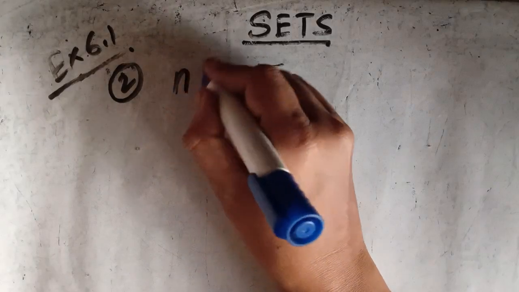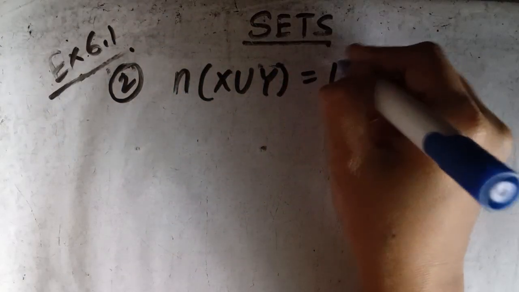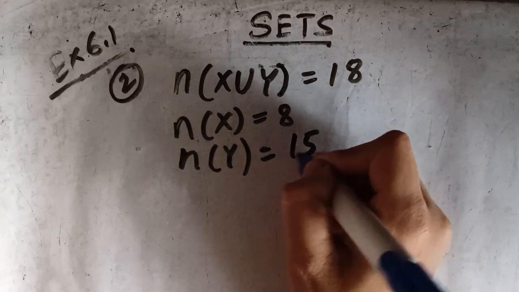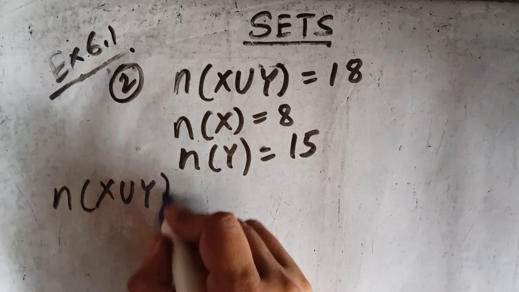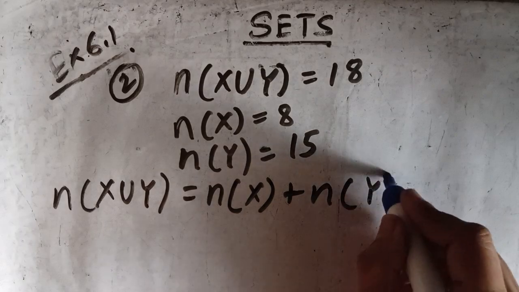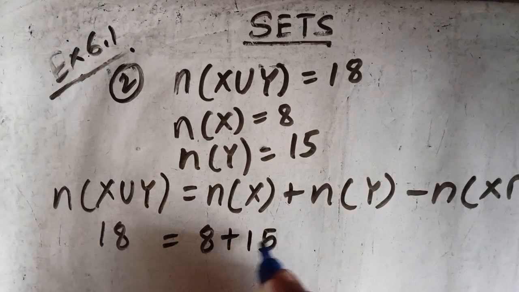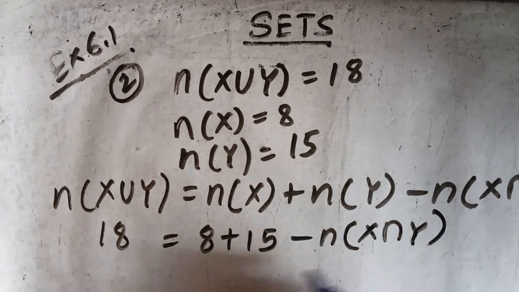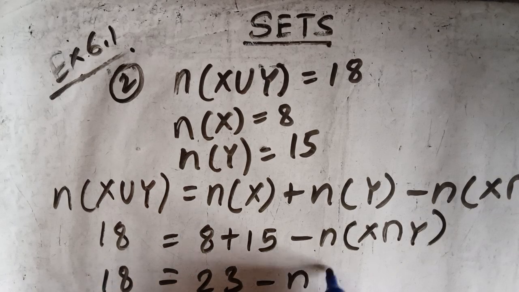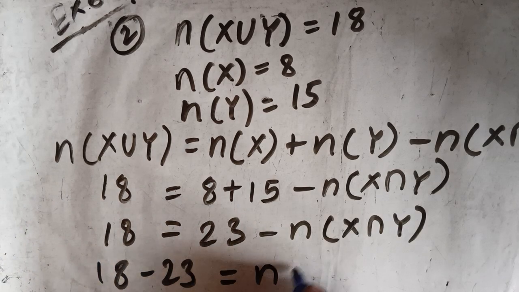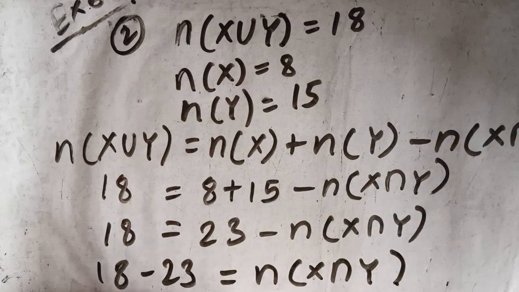The number of elements in X union Y is the number of elements in X plus the number of elements in Y minus the number of elements in the intersection. So this answer is 5.